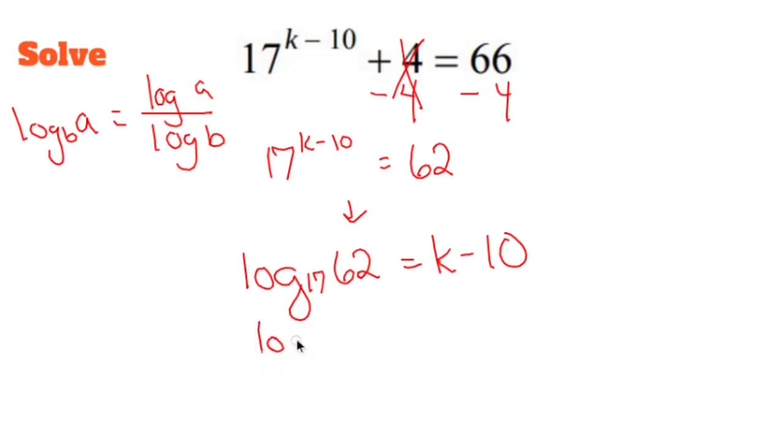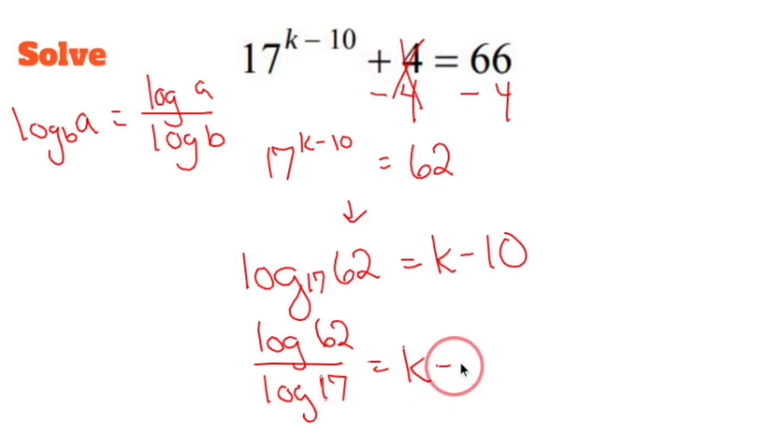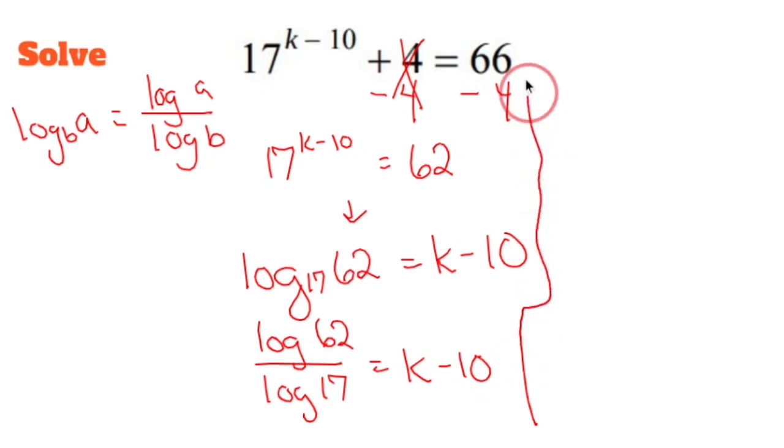So I'm going to write this out as log of 62 over log of 17 equals k minus 10. Now I'm going to write this over here where I have a little bit more space, split that into 2 parts. Let's find out what log 62 is.